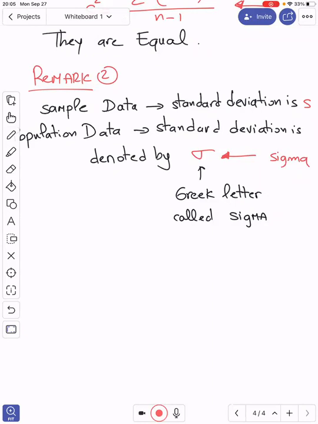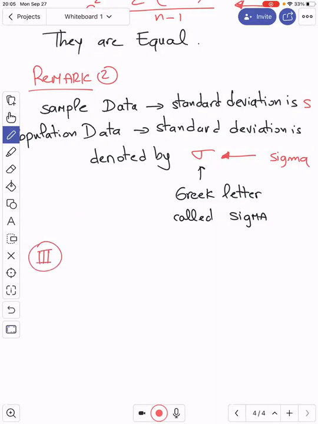If you want to compare two samples using different units, you cannot really do it with the standard deviation, because you cannot compare two things using two different units. That's why we're going to use the coefficient of variation, because it is independent of units. So you can compare measurements of different populations.